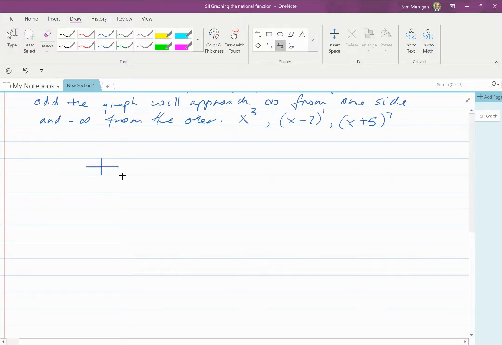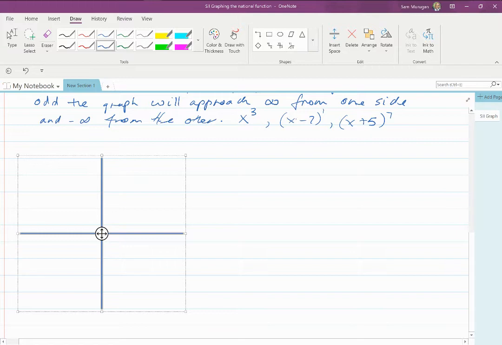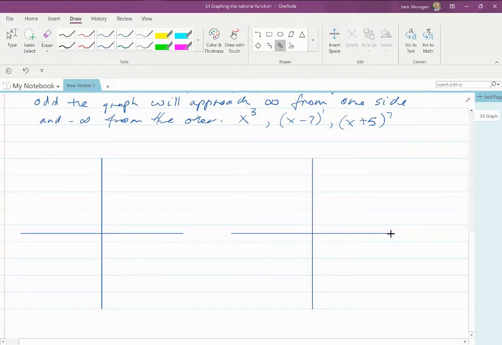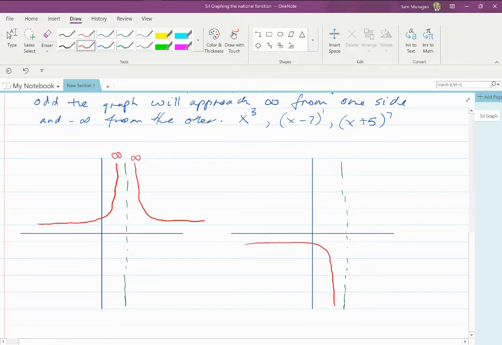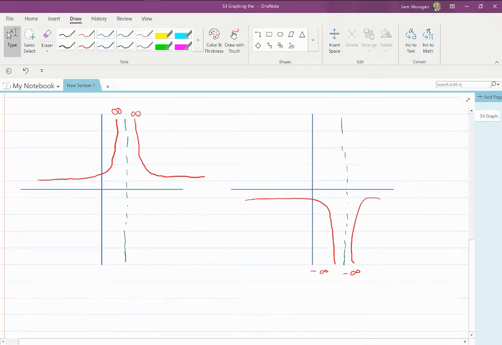And then if we have a situation where, let's say we had a vertical asymptote right here and a vertical asymptote right here, and both ends of the graph were approaching positive infinity, like this, or both ends were approaching negative infinity, this would be for even multiplicity factors.